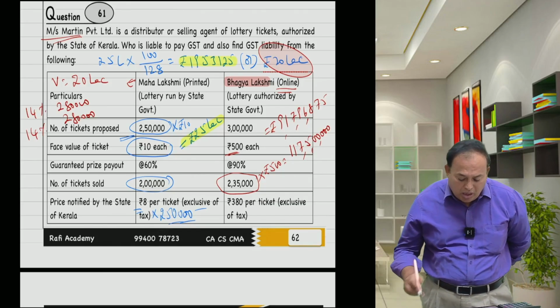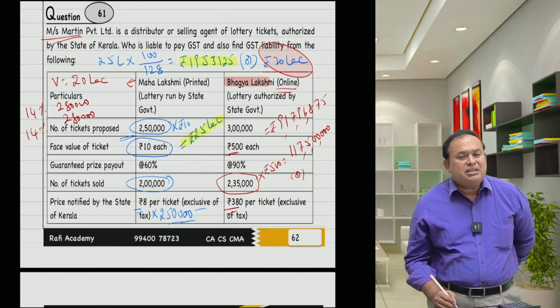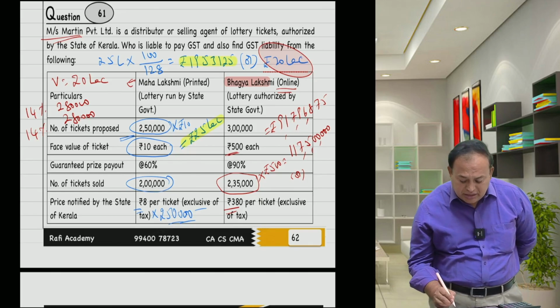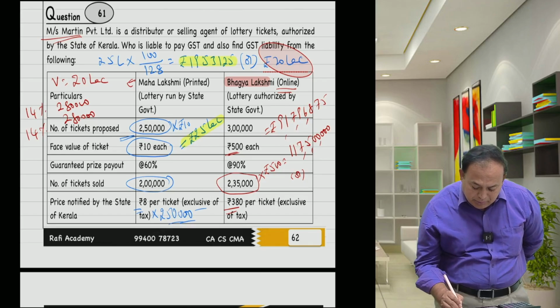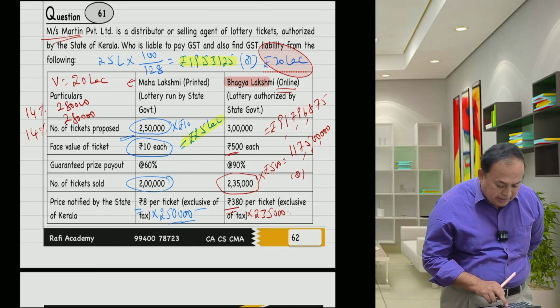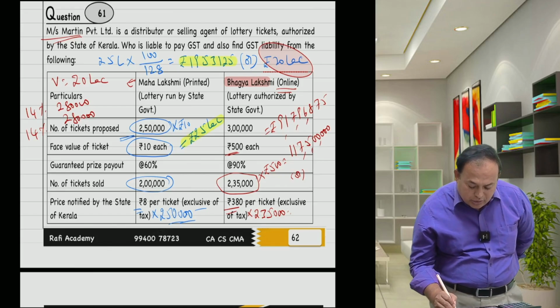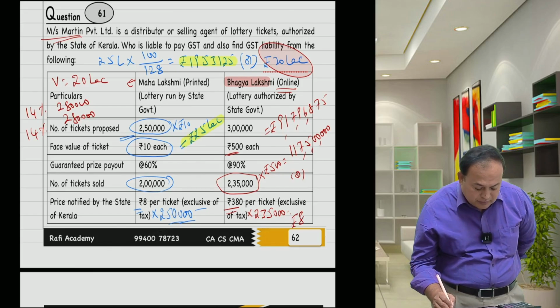That value or 308 rupees per ticket notified by the state government in the official gazette, exclusive of GST. This multiplied by 2,35,000 tickets. So here 380 multiplied by 2,35,000, which is equal to 8 crores 93 lakhs.